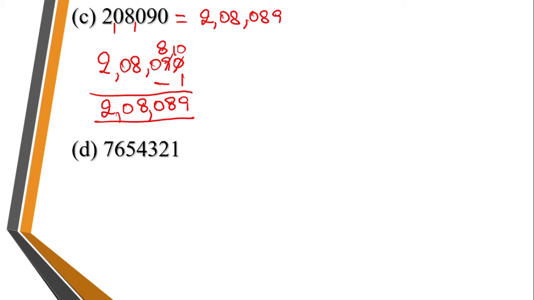Now the fourth question is 76,54,321. Now we should do minus 1. So 76,54,321 minus 1 we should do now. So 1 minus 1 is 0 and all the numbers will be as it is.